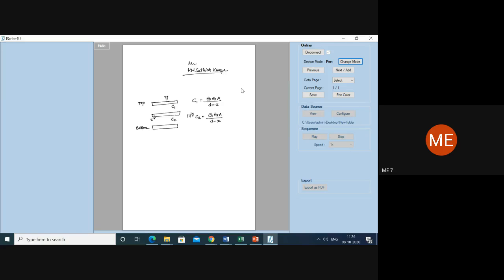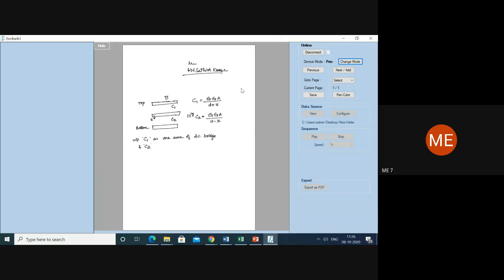Now just observe. What I will do now is make C1 one arm of an AC bridge, and C2 another arm of the AC bridge.